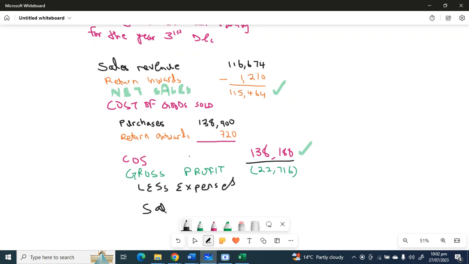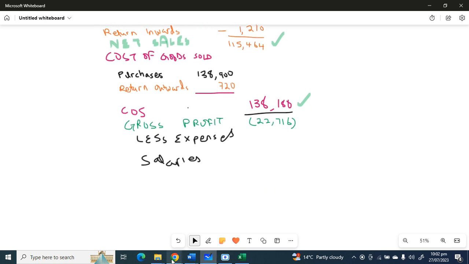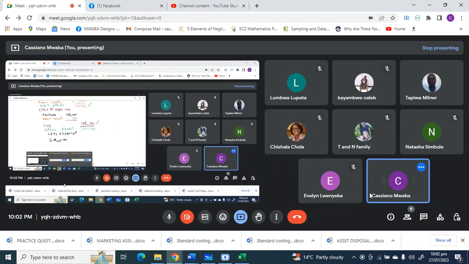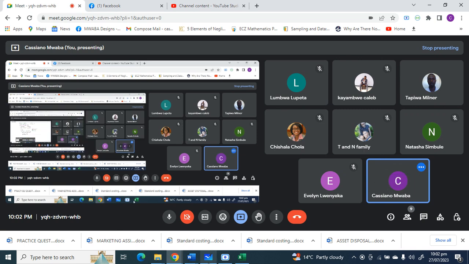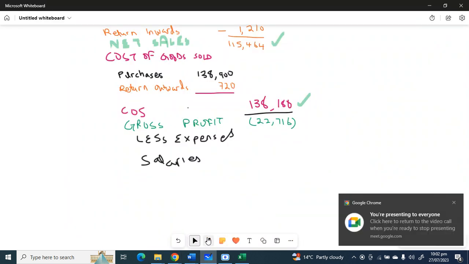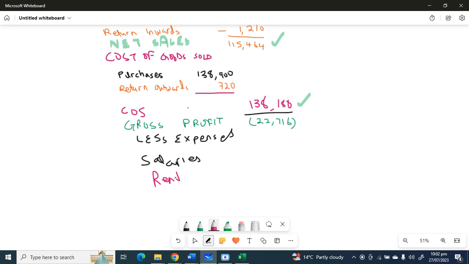Rent, yes. Stationery, that is correct. Any other expenses?